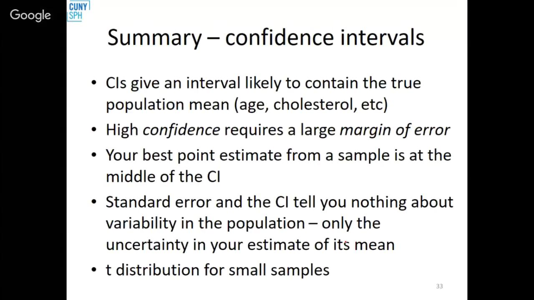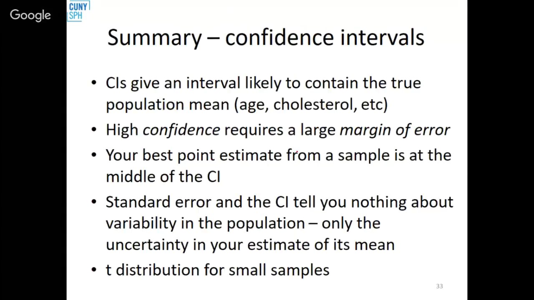All right, time to wrap up. So just to summarize, the confidence interval gives us a likely interval to contain the true population mean. So a 95% confidence interval contains the true population mean 95% of the time. And to have high confidence requires a large margin of error. So the 99% confidence interval must be wider than the 50% confidence interval.